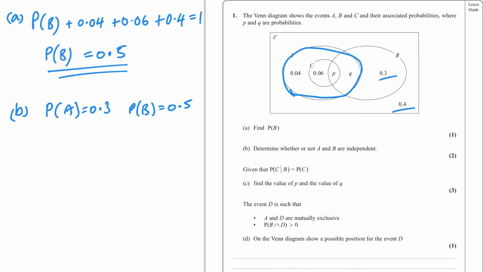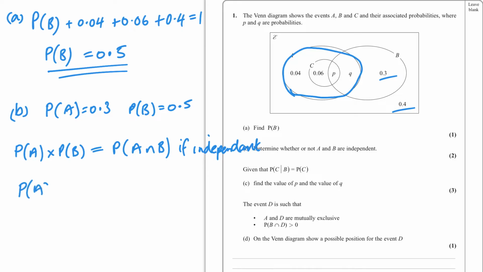And that's quite important. Now, for these to be independent, the probability of A times the probability of B would be equal to the probability of A intersection B. So this is if independent. Now, probability of A times probability of B is 0.3 times 0.5, which is 0.15.